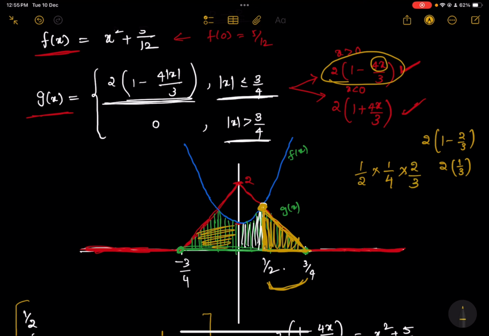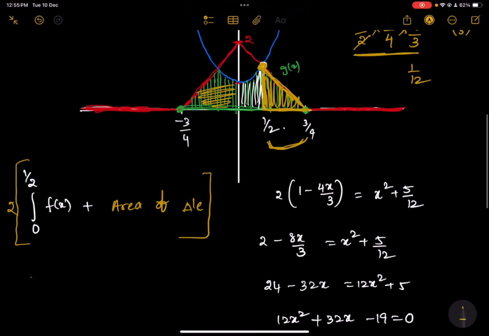Height is 2 by 3. Half base into height is the area of the triangle. This 2 and this 2 will get cancelled, so the area is 1 by 12. So the total area is 2 into integral 0 to 1 by 2 of x square plus 5 by 12 dx, plus this area 1 by 12.